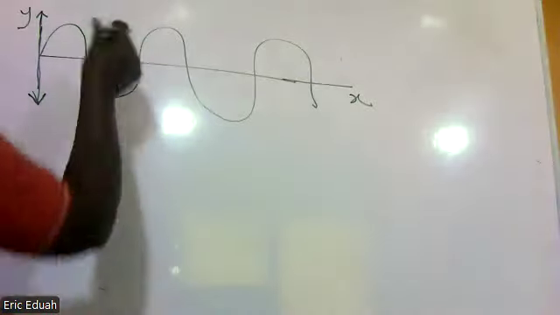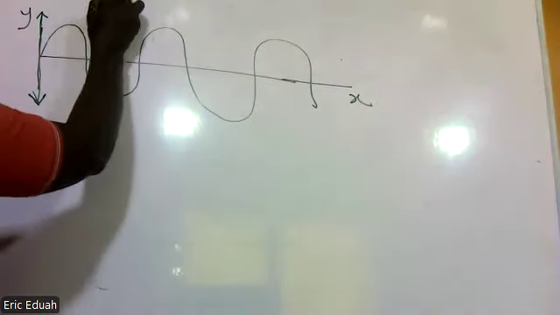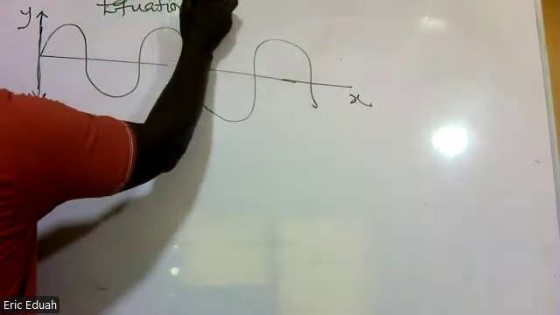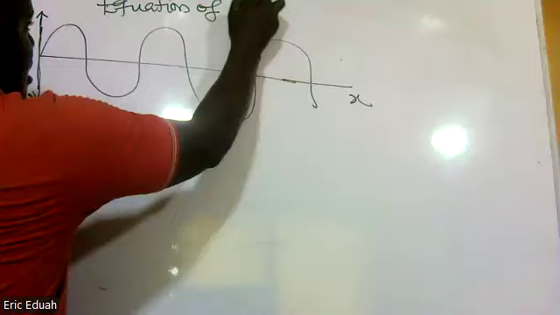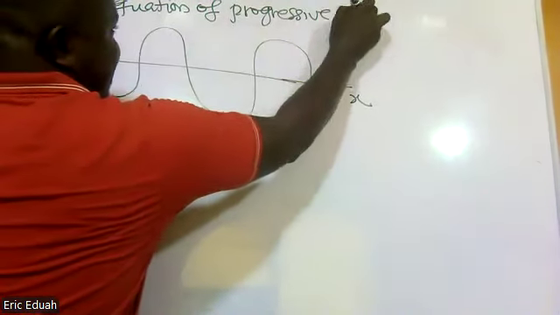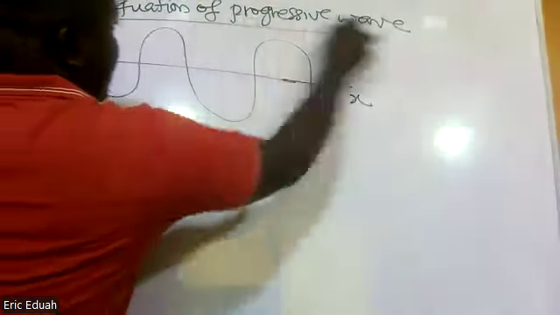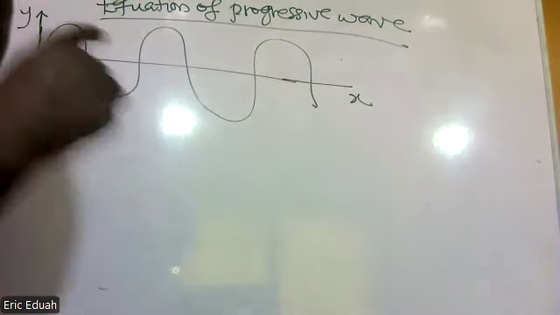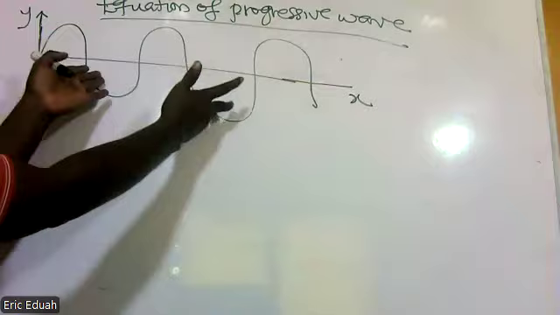Hence, the equation of a progressive wave. A progressive wave. That's the essence of what we'll be doing. So we want to look for the equation when written can be used to represent what we are drawing as a wave.